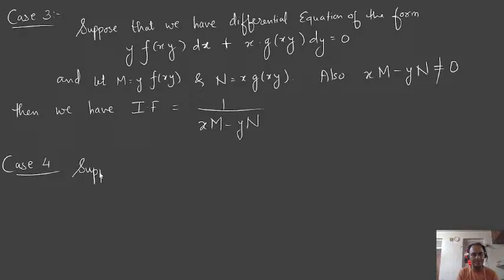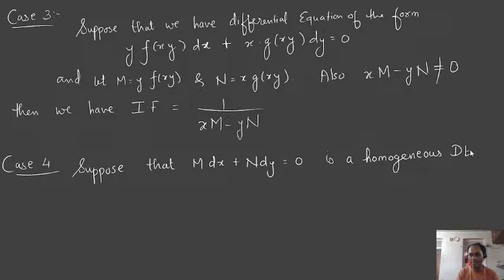Suppose that M dx plus N dy equals 0 is a homogeneous differential equation, and xM plus yN is not equal to 0.